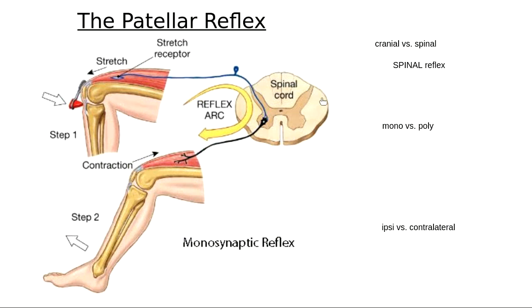Second way I have to classify it, is it monosynaptic or polysynaptic? Remember, for these ones, we're looking at the number of synapses, places where neurons meet. So, monosynaptic or polysynaptic? Can we tell? Yes, several of us have chimed in.